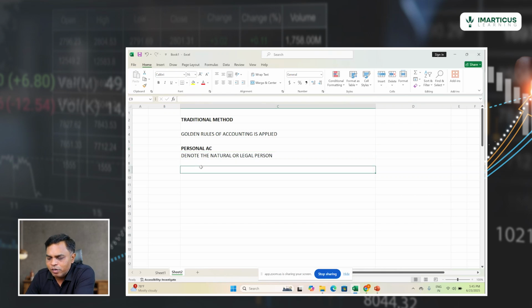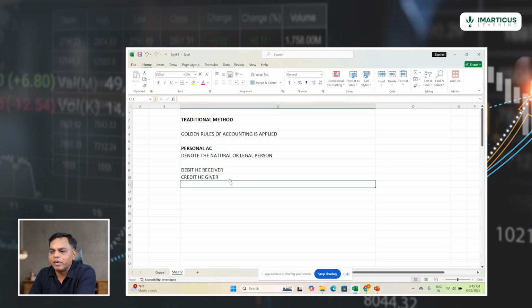Now, what is the rule for the personal account? The rule for the personal account is: debit the receiver and credit the giver. So you need to debit the receiver and you need to credit the giver. This is the rule which is followed in the case of a personal account.